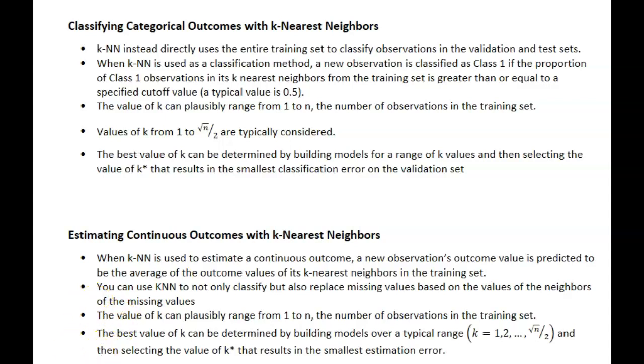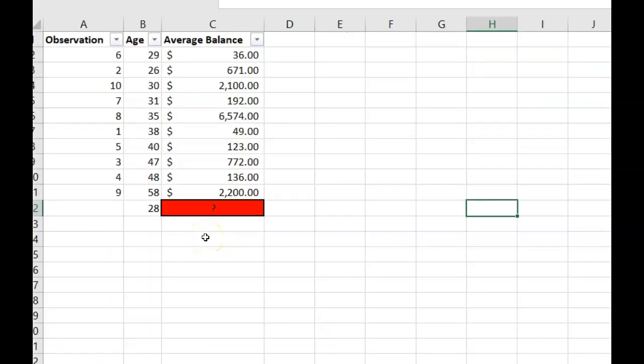So let's switch my screen to the Excel example for estimating continuous outcomes with K nearest neighbor. In the previous example, we helped classify the loan default variable with the help of two input features, which were average balance and age. Now, in this example, I'm using the values from the same example as earlier.